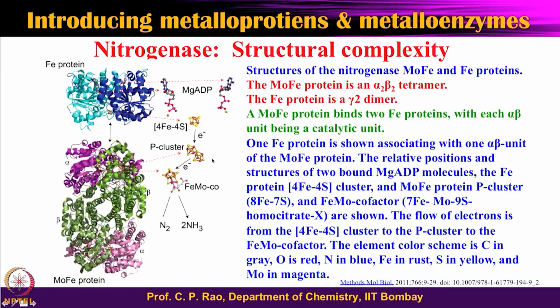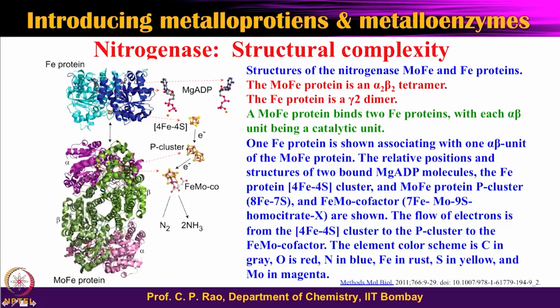The P cluster is nothing but the fusing of two Fe4S3 clusters with a bridging sulfide, and then this is the catalytic center, which has basically an Fe7Mo kind of cluster, where Mo is the center where the reaction occurs.